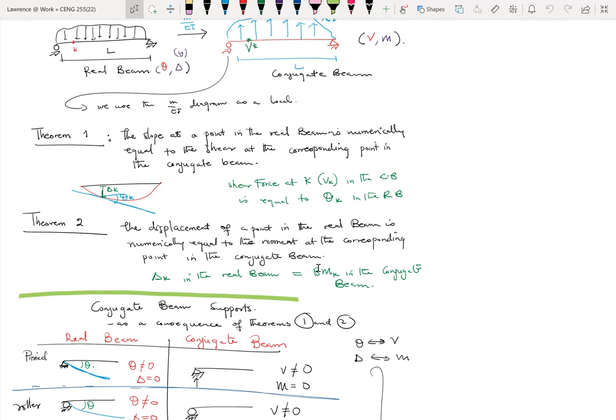In the same way, the second theorem states that the displacement, or deflection, of a point in a real beam is equal to the bending moment at the corresponding point in a conjugate beam. It's a pretty straightforward theorem, or theorems.